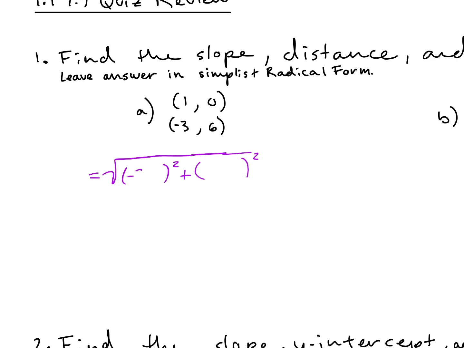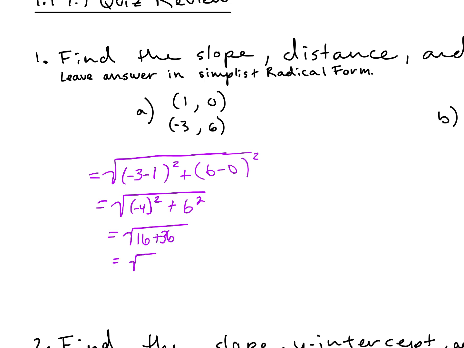So I'm just going to say negative 3 minus 1 and then 6 minus 0. So as we simplify, what's negative 3 minus 1? Negative 4 squared plus 6 minus 0 is 6 squared. Negative 4 squared is 16 plus 36, I get 52. Square root of 52. If you leave your answer like that, you're going to get points off. You have to have your answer in simplest radical form.